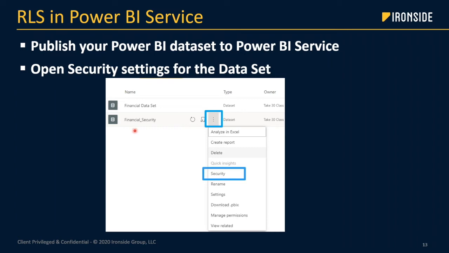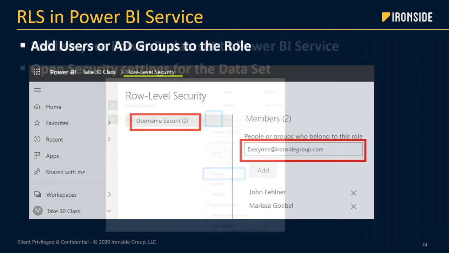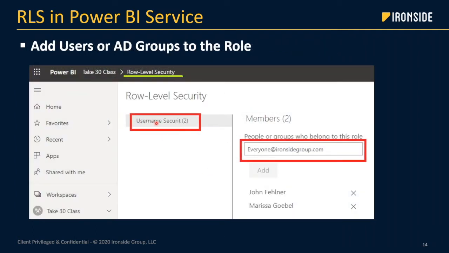The way you do that is you go find your data set in the Power BI Service and click on the security menu option. When you click on it, and again, we're in the web, it's going to show you the security role that you set up, called username. You need to add people to it so that it knows to apply the security to these people.